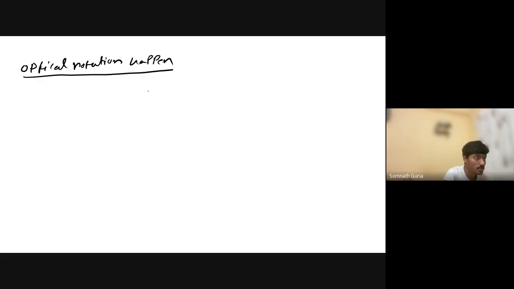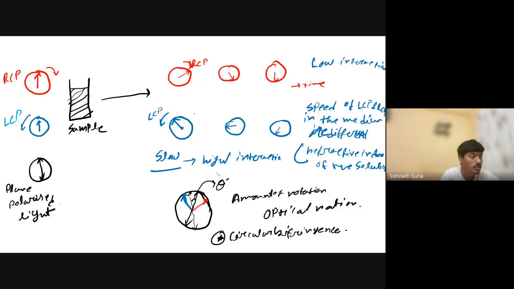Optical rotation happens only when the refractive index of the LCP and RCP is different: refractive index of L not equal to refractive index of R. And that is the optical rotation, which is denoted by phi.